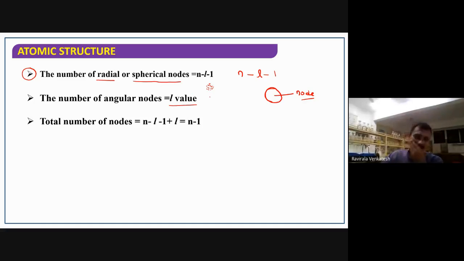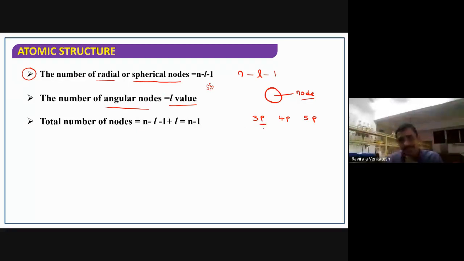For example, I want to calculate how many angular nodes there are for a 3p, 4p or 5p orbital. Angular nodes are always equal to the L value. What is the L value here?